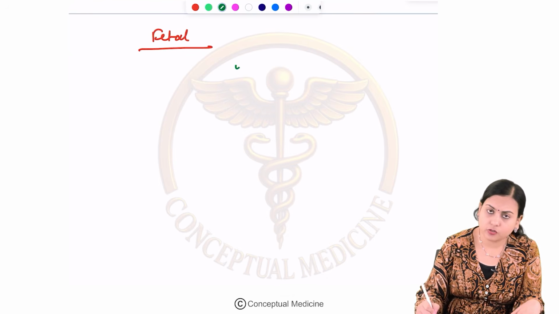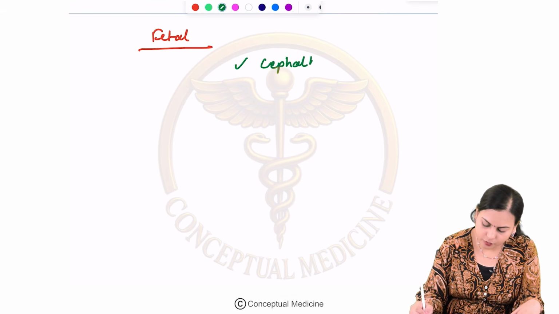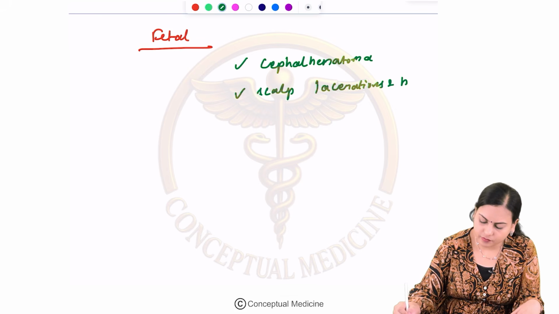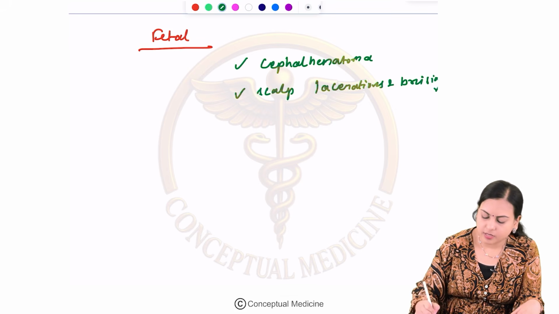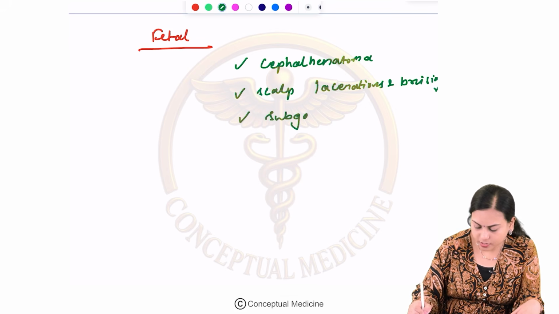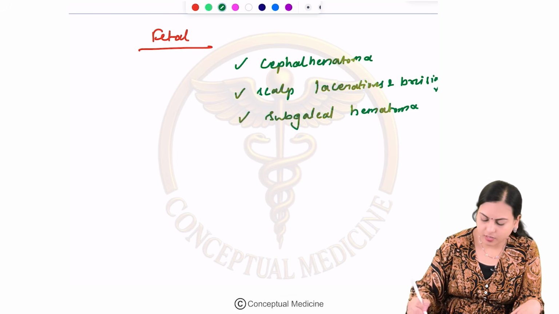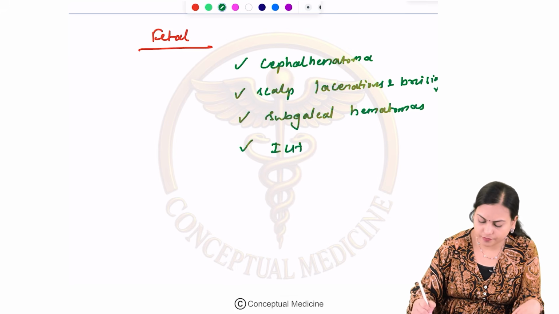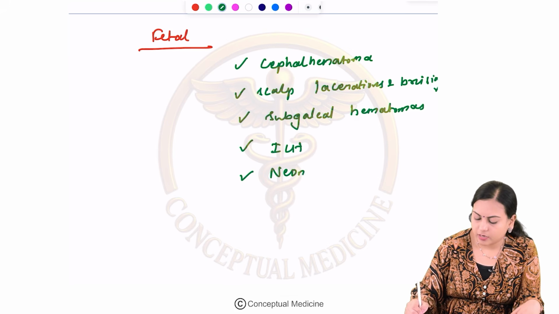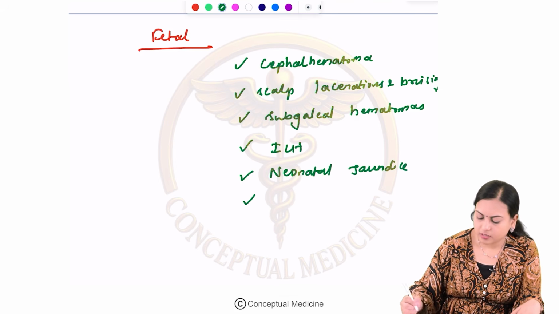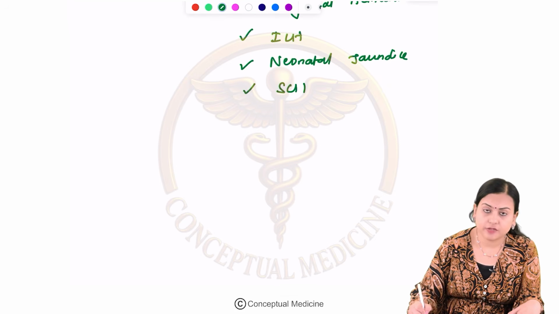Fetal complications include formation of cephalhematoma or scalp lacerations and bruising. There can be subgaleal hematomas, intracranial hemorrhage, neonatal jaundice, subconjunctival hemorrhage.